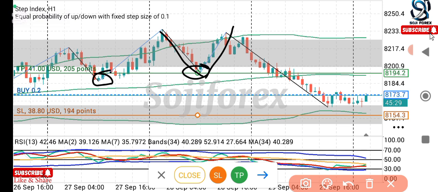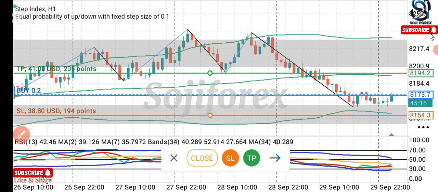So you can now leverage on all of these price reaction points, which are automatically marked out for you by the aid of this indicator.